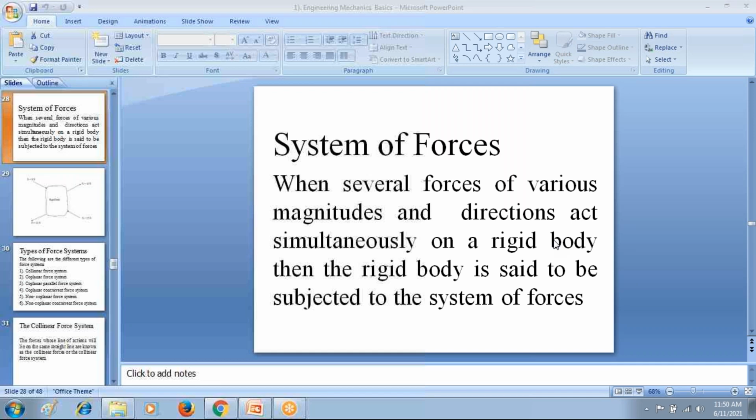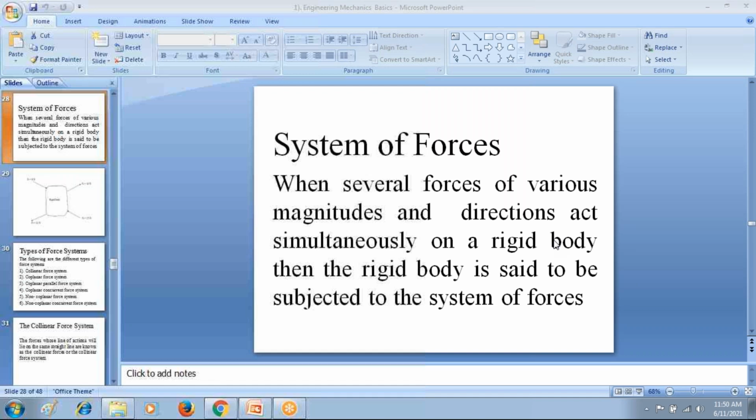Now, if any of you have doubts about the previous classes or today's class, please discuss with me. If any of you have doubts about rigid body, in unit 1 we discussed the definition of rigid body, the definition of force, the characteristics of force, the definition of force system, and the types of force system.